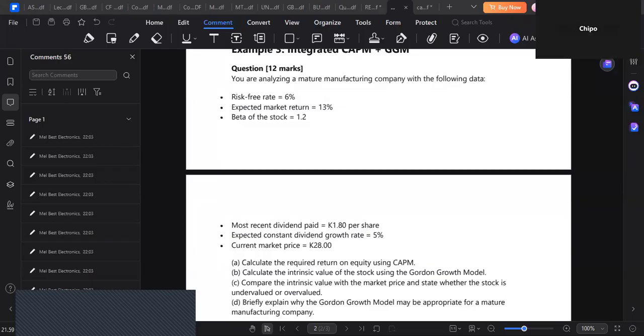Is it 28? And what was our intrinsic value that we just calculated? 20.11. So what is your comment?